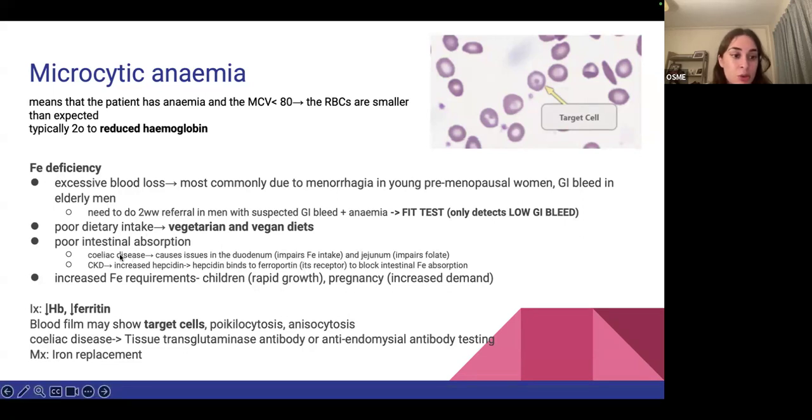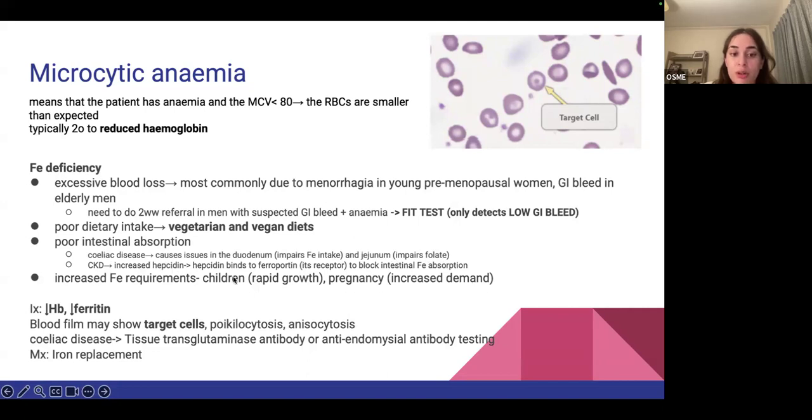And it can also be caused by celiac disease, where there's issues within the duodenum which prevent iron uptake. And you might also get a mixed picture. So sometimes patients will present with a macrocytic anemia because there's impaired folate absorption. CKD can cause a slightly mixed picture, but often can cause iron deficiency due to hepcidin action.